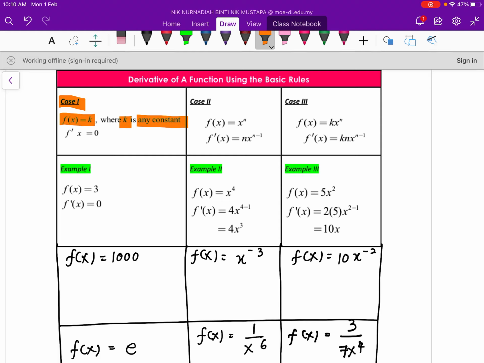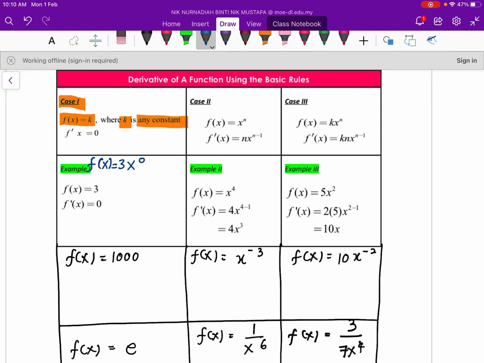Okay, so bila dia constant tu, contoh soalan kat sini, example 1, f(x) equal to 3. So, it's actually 3x to the power of 0. Okay, kenapa? Sebab apa-apa pun power of 0 will be equal to 1.